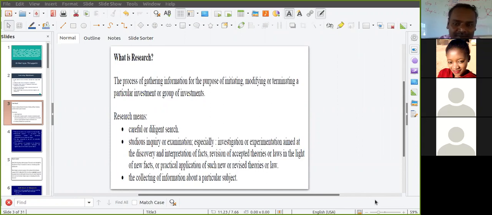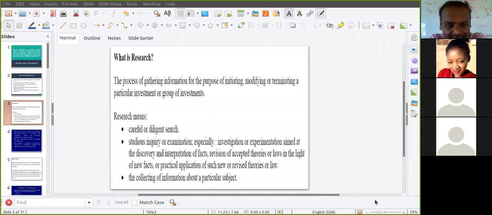In technical terms, research is the process of gathering information for the purpose of initiating, modifying, or terminating a particular investment or group of investments. Or, instead of investment, you can say health problems: the process of gathering information for the purpose of initiating, modifying, or terminating a particular research problem.